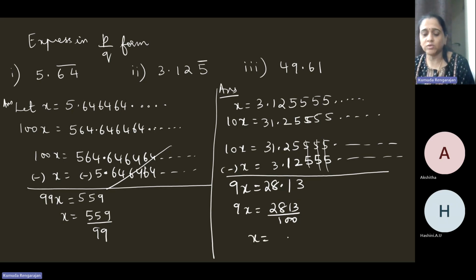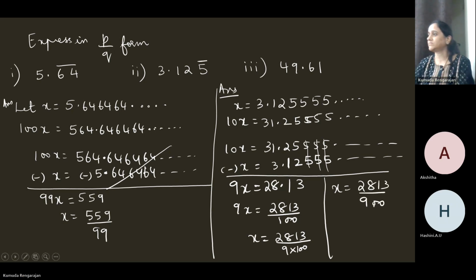Then x is equal to 2813 by 9 into 100, because 9 comes for division. So x is equal to 2813 by 900. Ramit, you didn't know that you have to shift the decimal point? Yeah, 28.13, next step it will become 2813.